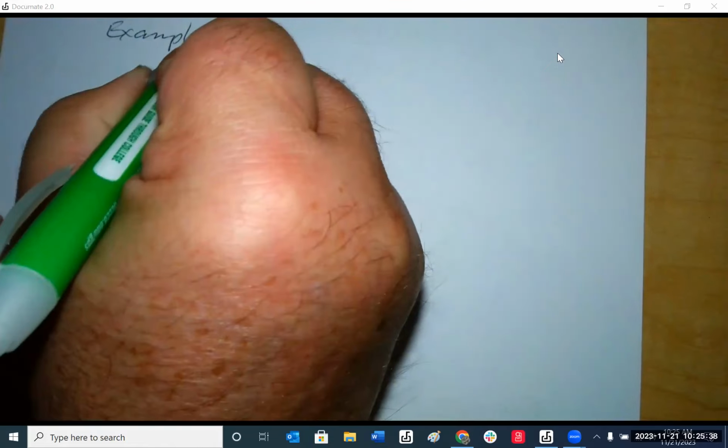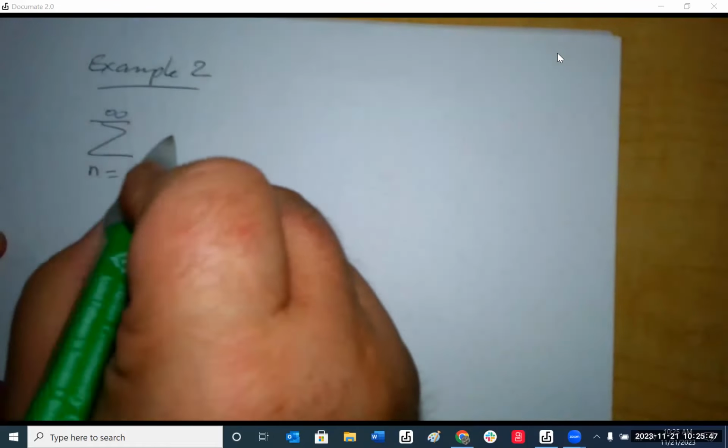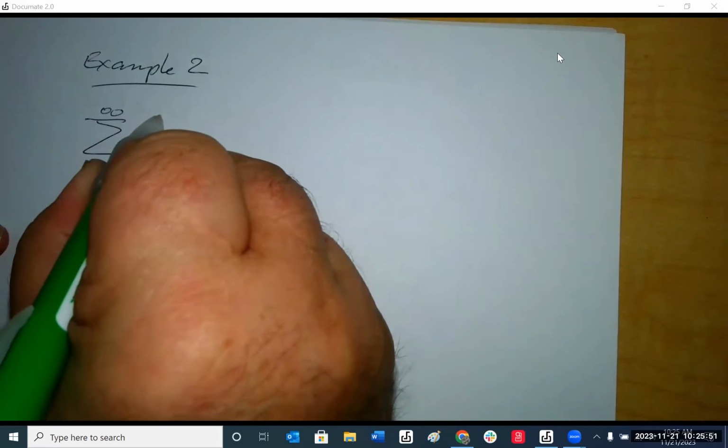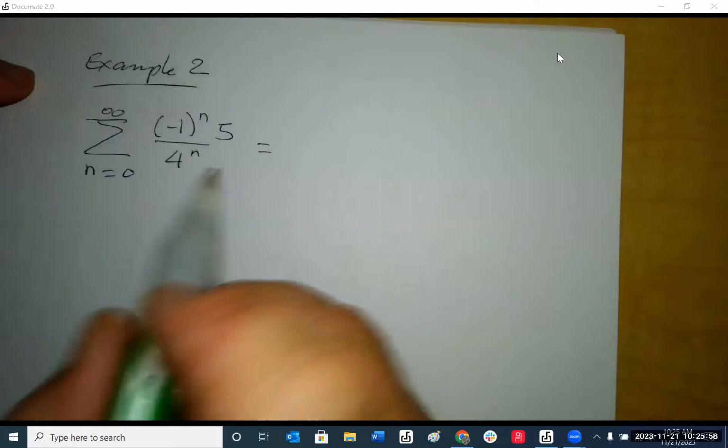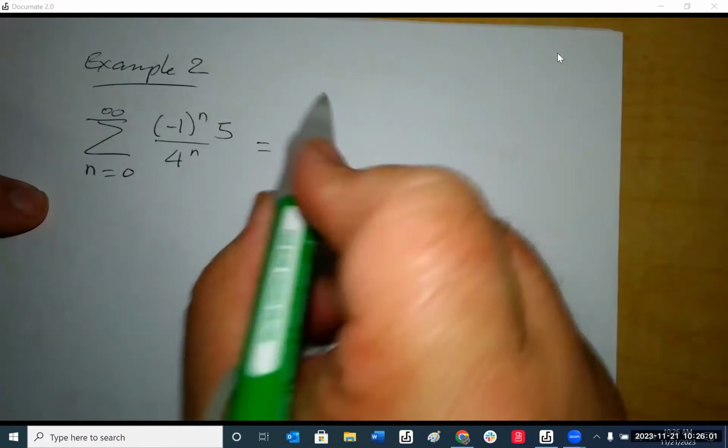Example 2. Go ahead and write down because I have the example sheet for you all. Example 2. The series, n equals 0 to infinity, of 5 times (negative 1)^n over 4^n. So when n is 0, that's 1, so we just have 5.